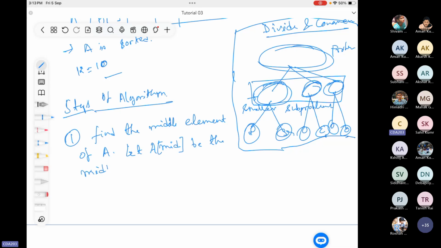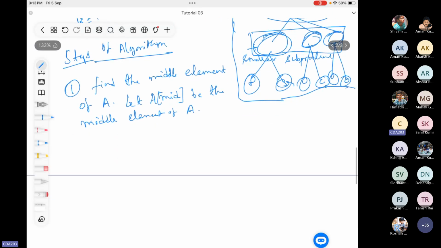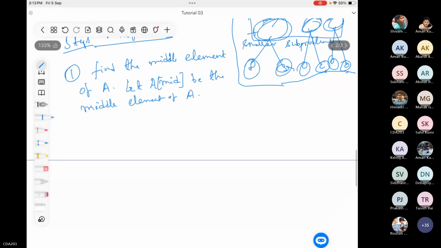Now you compare your key with the middle. If the key is equal to the array mid, then you already have the answer: yes, it belongs to the array.